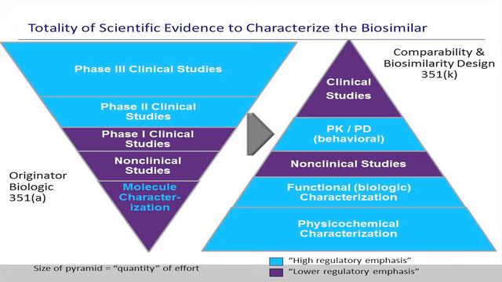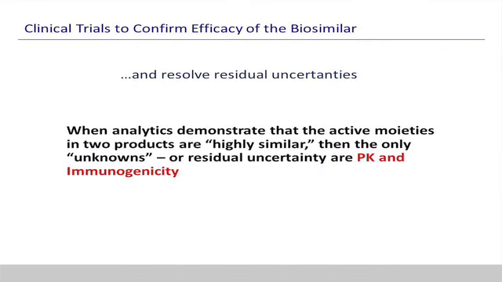We now turn that upside down for a biosimilar, where the structure and functional characteristics are first. There are abbreviated non-clinical studies, and then PK/PD, which also includes immunogenicity, and clinical studies are the smallest portion and used, again, as I said, to basically resolve residual uncertainty. So that's really the importance of those studies.